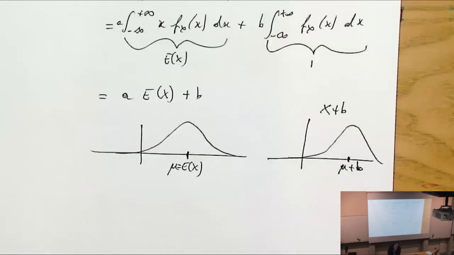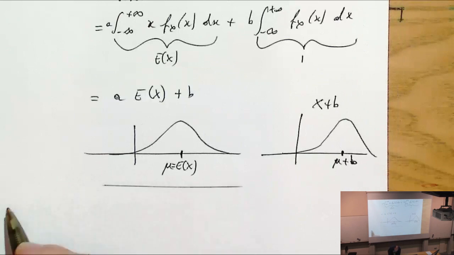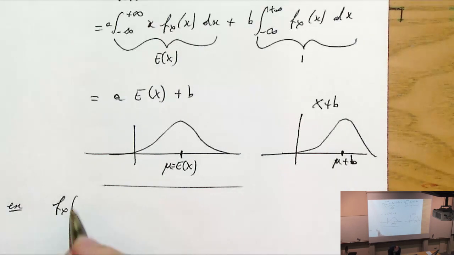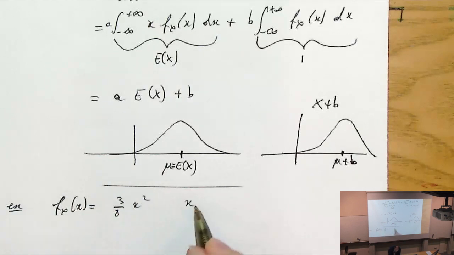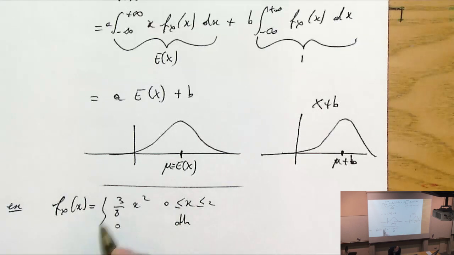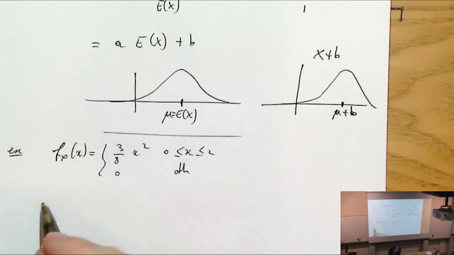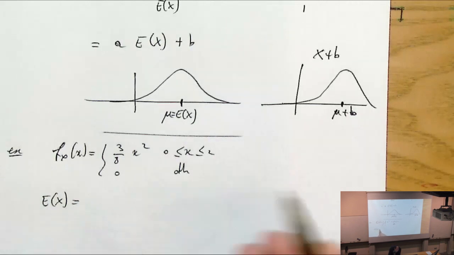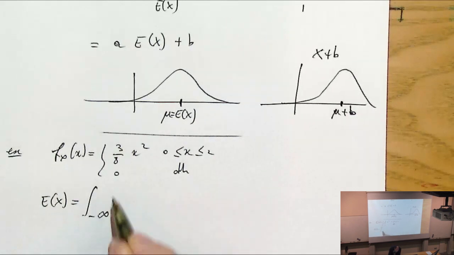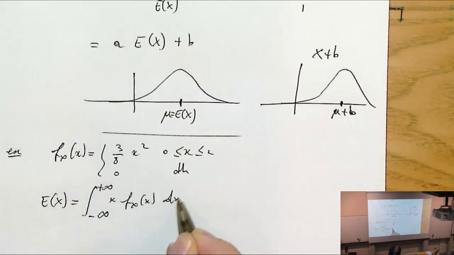Good. So let's look at the example we had just a minute ago. So we had this probability density function, 3 over 8 x squared for x between 0 and 2, and otherwise it's 0. So what is this expectation of X? Well, again, it is the integral between minus infinity and plus infinity of x multiplied by the density of x.